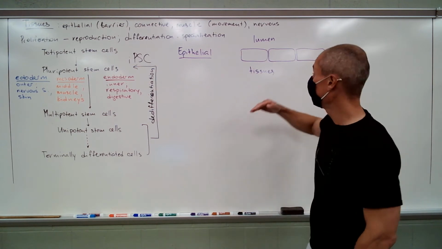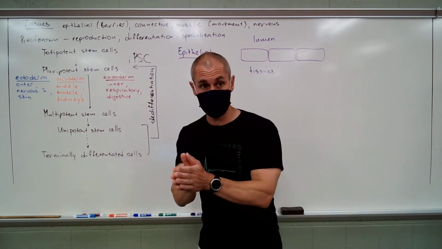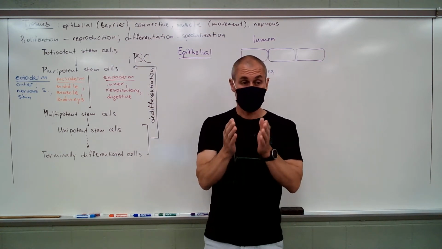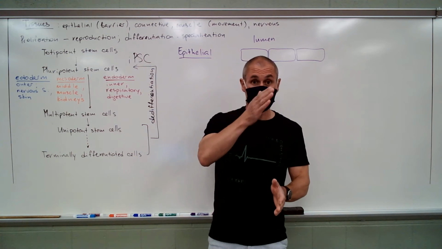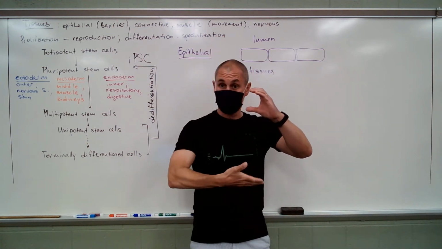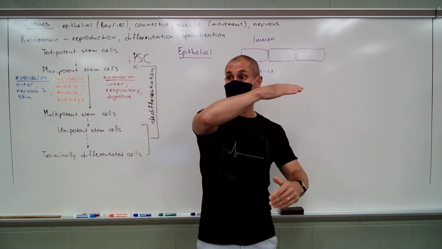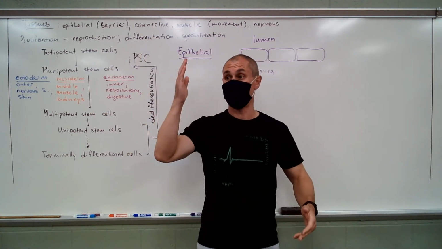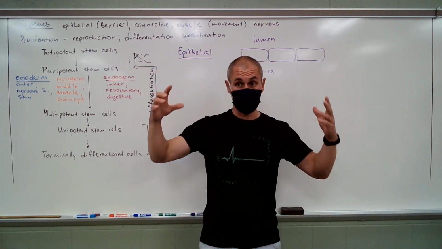Make sense? When you're looking at the slides today, how do you know where epithelium is? It should bound the lumen. Lumen can be enclosed if you do a cross section, or it can be just empty space if you do a longitudinal section. So if you cut a PVC pipe along, that's going to be just nothingness, okay?